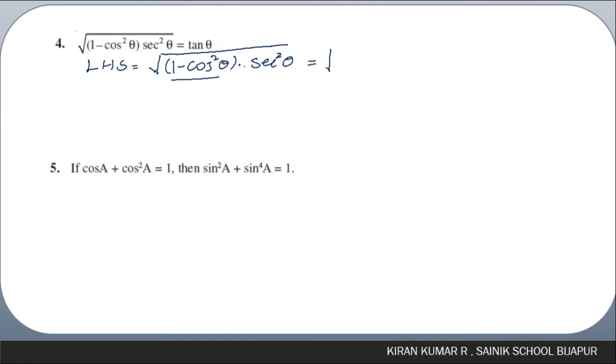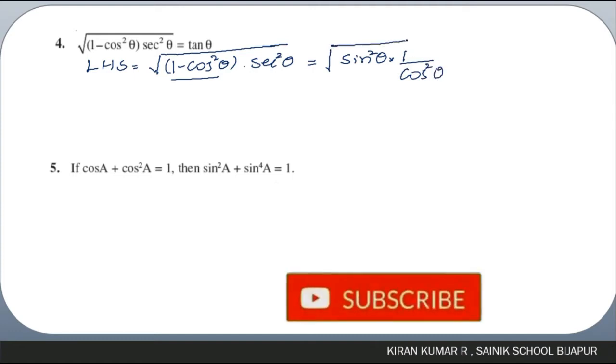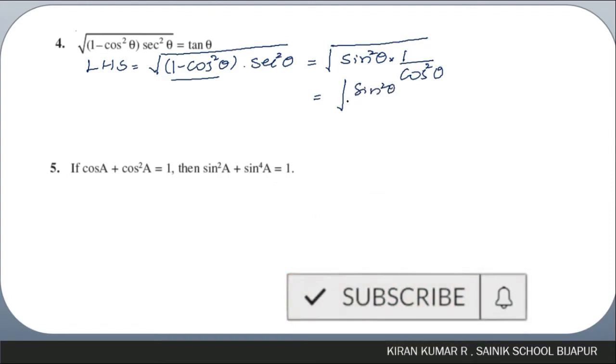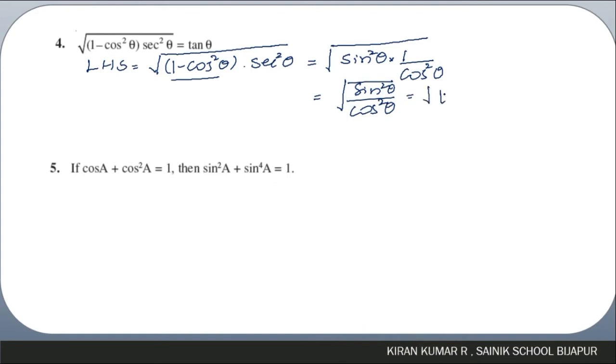This 1 minus cos square theta is nothing but sin square theta, and secant square theta is nothing but 1 upon cos square theta. Therefore, we get root of sin square theta upon cos square theta, which will be root of tan square theta, and that is tan theta. This is there in the right hand side. Since left hand side and right hand side are equal, the given statement is a true statement.